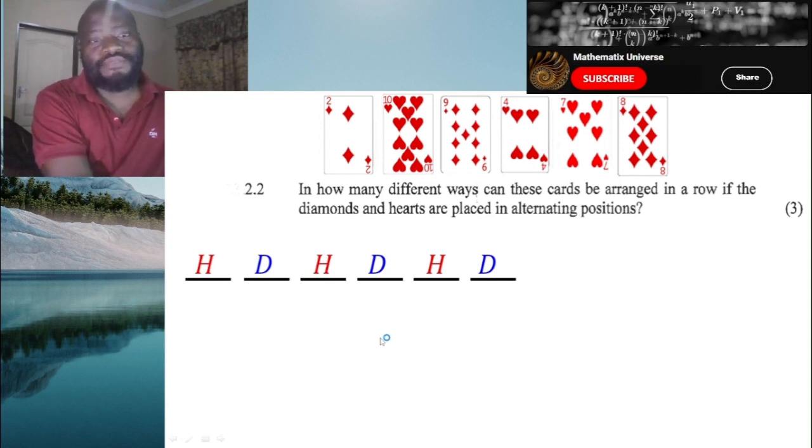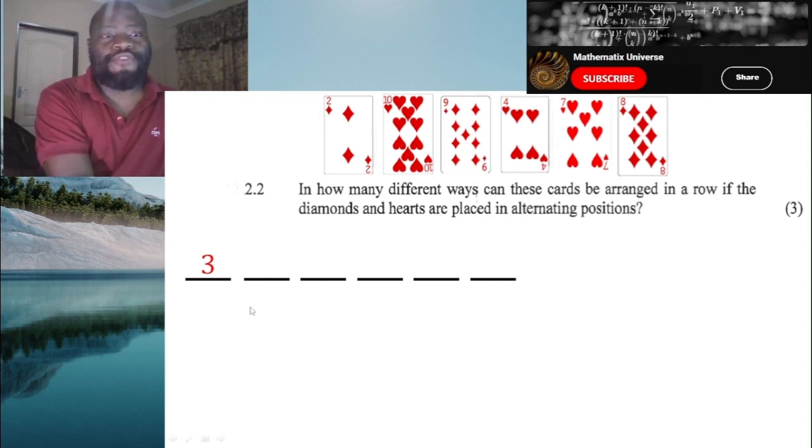So in order to solve this, we will do this. We will say that if we start with H's, there are 3 possible H's or hearts that I can place here. I can either put a 10 of hearts here, a 4 of hearts, or a 7 of hearts. But once I've placed that 4 of hearts, it means I have 2 left to place here at that position.